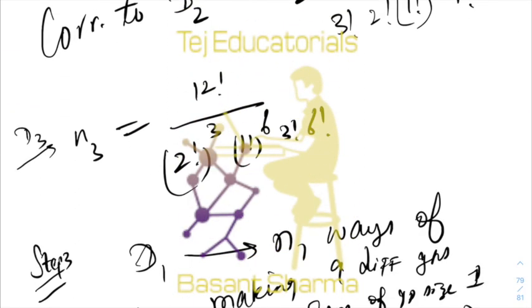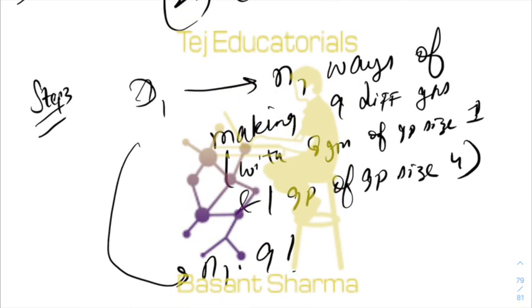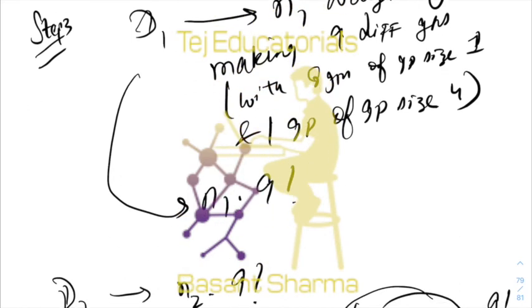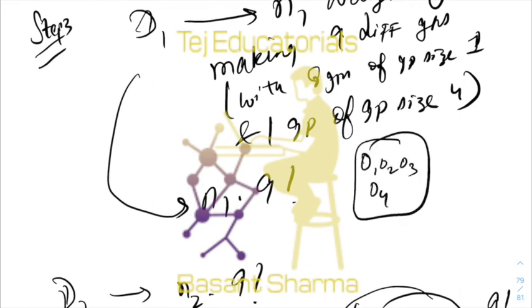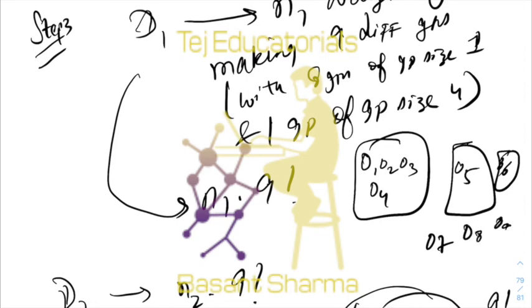Once we have formed all these 9 different groups, for example, one group is O1, O2, O3, O4, corresponding to D1. Then O5, O6, O7, O8, O9, O10, O11, O12, the remaining eight objects, with groups of group size 1.